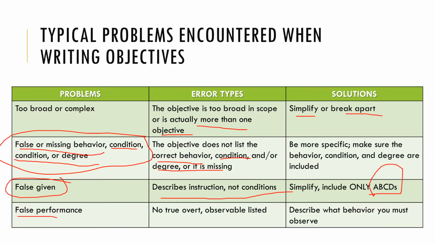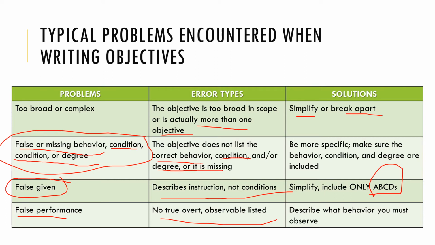And then false performance, no true overt observable listed. No? For example, meron tayong sinulat doon na to know the concept of solution. Okay, the term know there is not actually observable. It's actually quite difficult, and then we can say that it is a false performance.